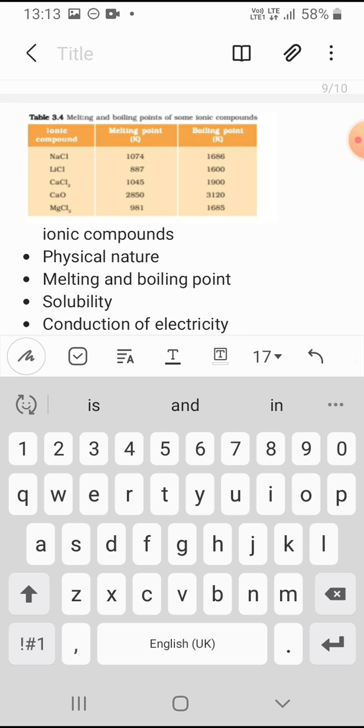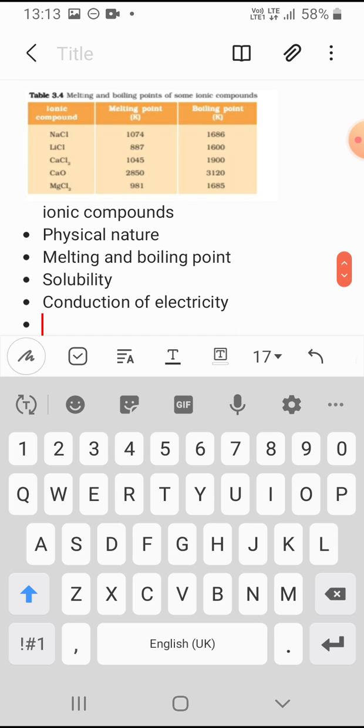So here you are seeing melting and boiling points, and they are not soluble in kerosene like that. They can conduct electricity, as I said in the starting.